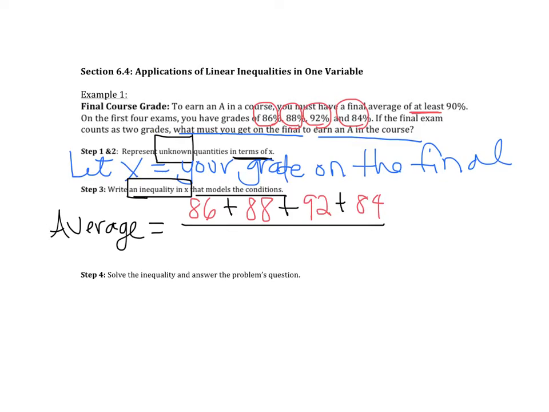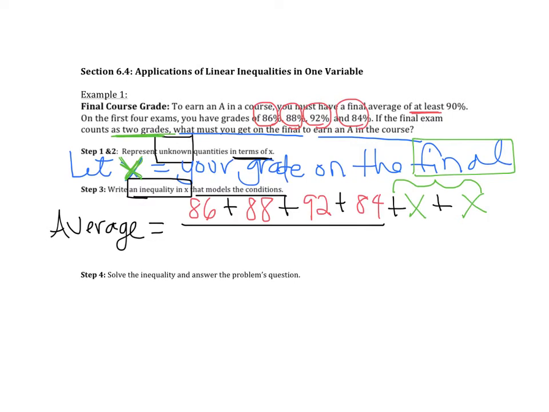But you're also going to add the final exam scores. Let me change colors. I'll make this green, so I don't confuse you with the blue. The final counts as 2 grades, so it's going to be X and X. If you get an 80, for example, on the final, that would be 2 80s.